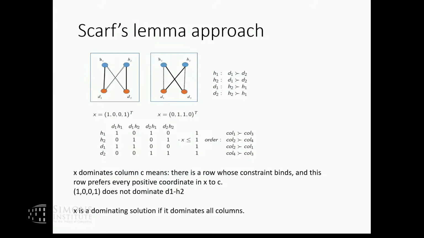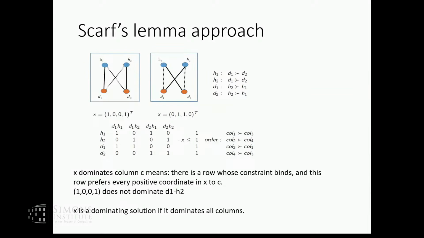There's a concept here that a solution dominates a column. It means that there exists a constraint that binds, and furthermore, looking at this constraint and the order of preferences, this row likes every coordinate where x is positive at least as much as the column C. In particular, this solution, 1, 0, 0, 1, does not dominate the coordinate corresponding to D1 and H2, because D1 and H2 are actually blocking this matching.